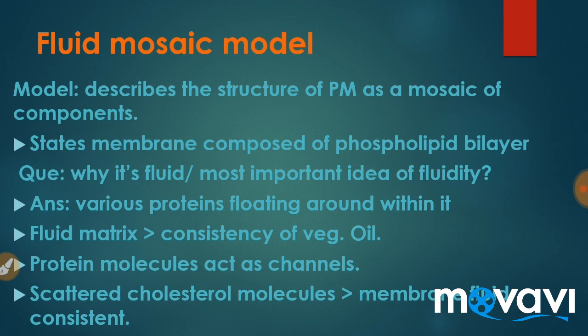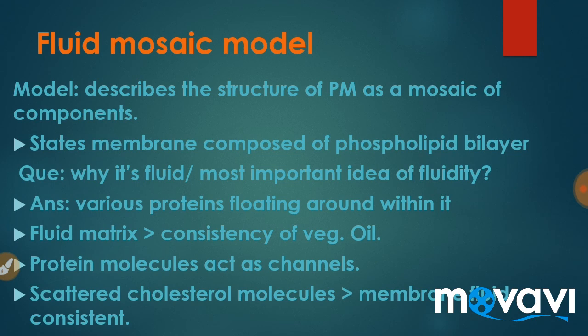Now the next point is the proteins that act as channels. These are proteins through which there can be passage of certain molecules like amino acids or ions, that is, the transport of materials is carried out through them.